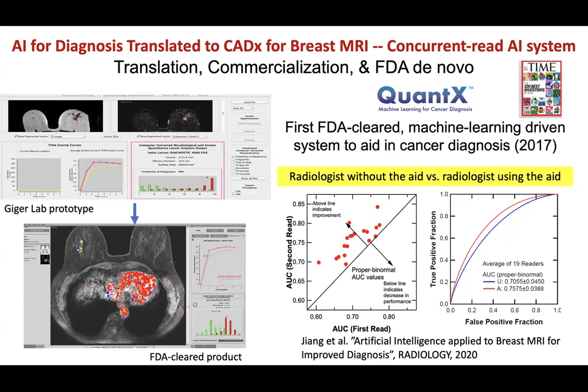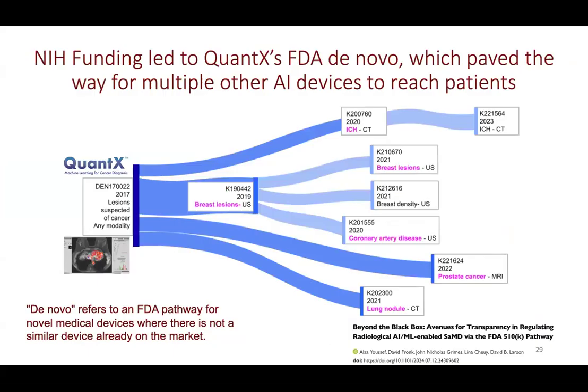And what we found is all of them improved when they used this, and that helped to get the FDA approval. We were named as one of the best inventions in 2019 in Time Magazine, and we went on to put this in a few clinical areas, and then QuantX was bought.